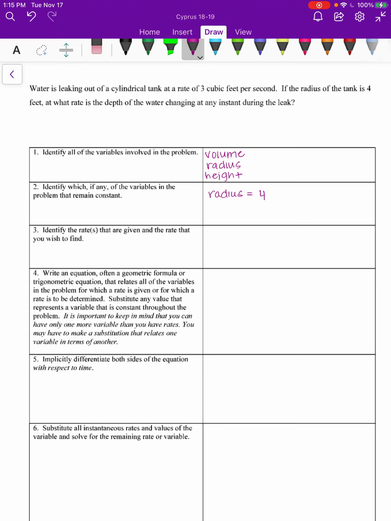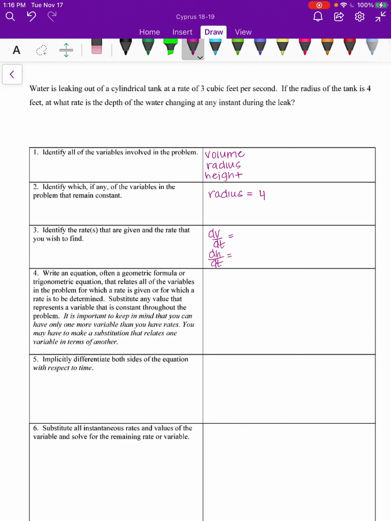Number 3, identify the rates that are given and the rate that we wish to find. Well, these rates are for the remaining variables that were not constant. So we know we should have a rate for the volume, and we should have a rate for the height. So I know I'm going to have dV dt and dH dt. dV dt, they say that it's leaking out of this cylindrical tank at a rate of 3 cubic feet per second.